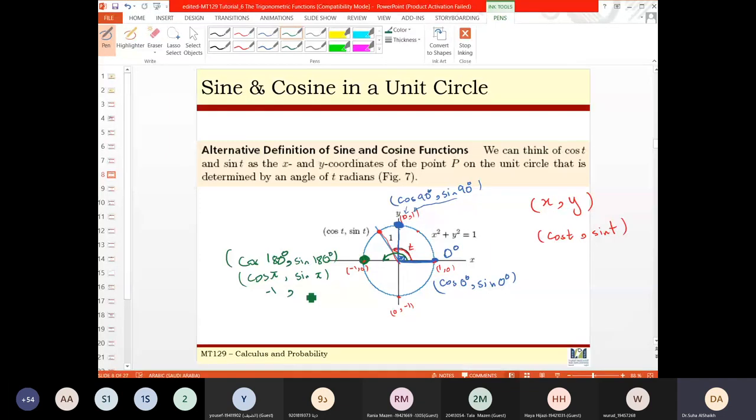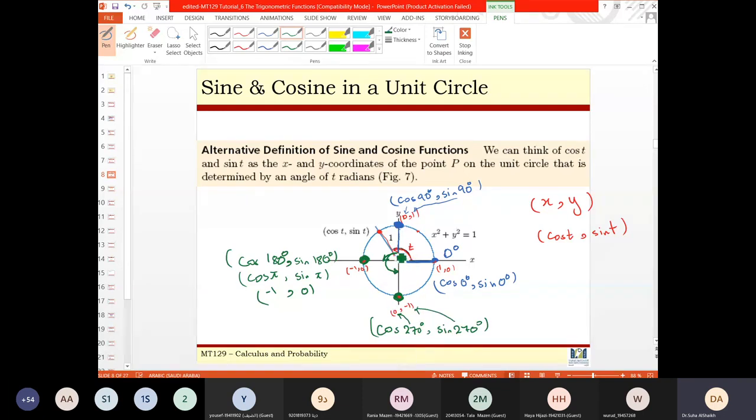What's the sine pi? It is 0. This point here, what angle does this point make? 270. The cosine of 270 degree, and the sine of 270 degree. Compare with the point: the cosine is 0 and the sine of 270 is minus 1.